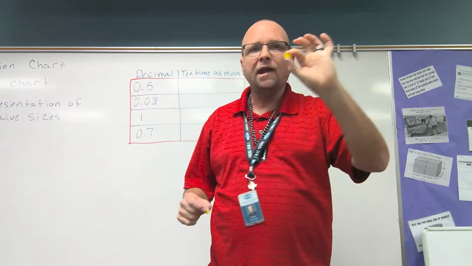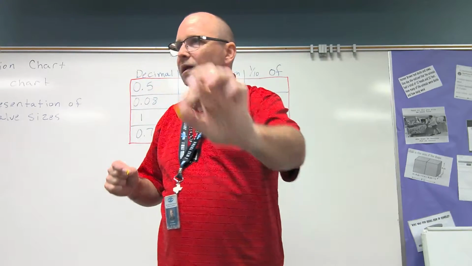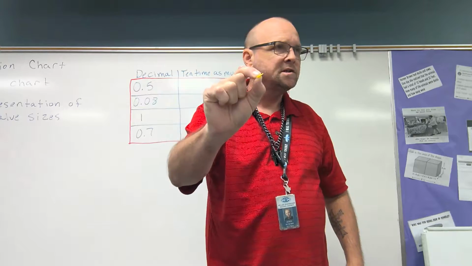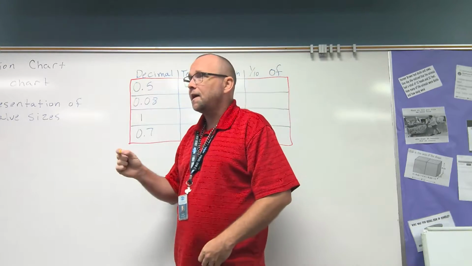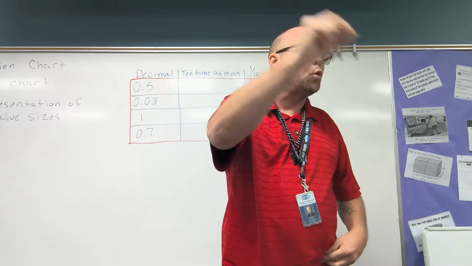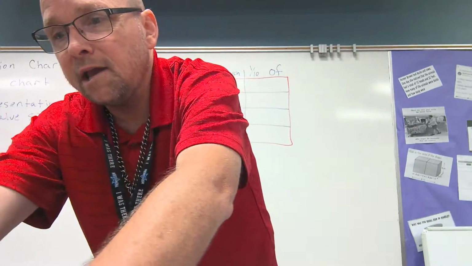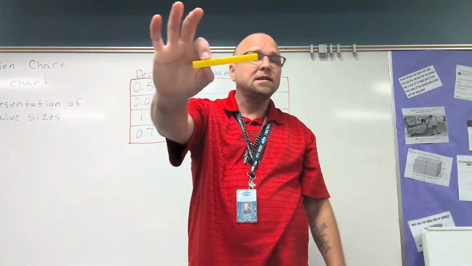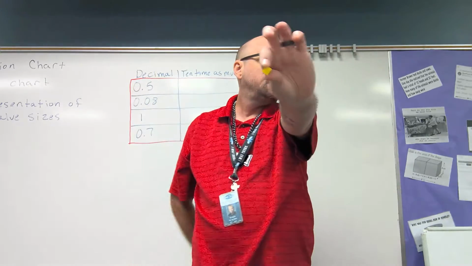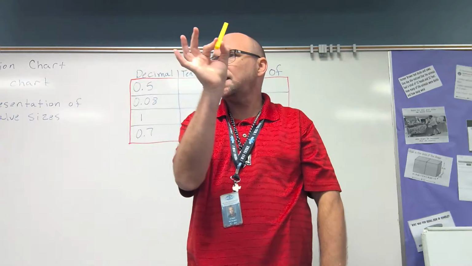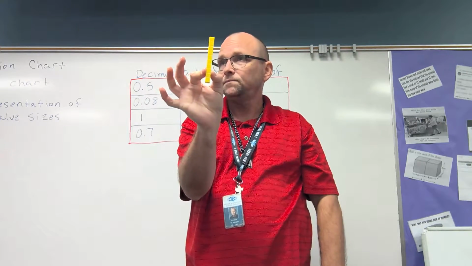So we could say this is 10 times bigger than this, or this is 1/10 of this. Just like we can say this is 10 times bigger than this, or this is 1/10 of this.